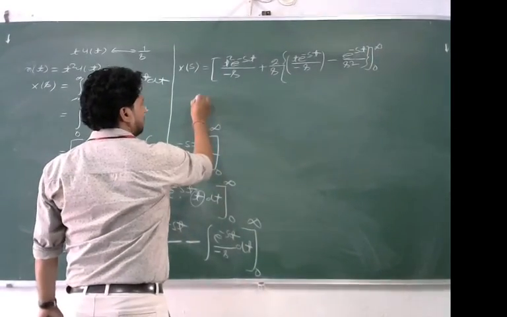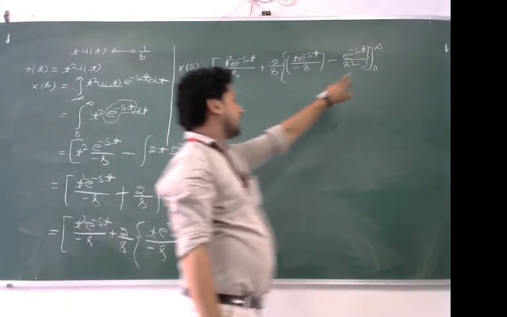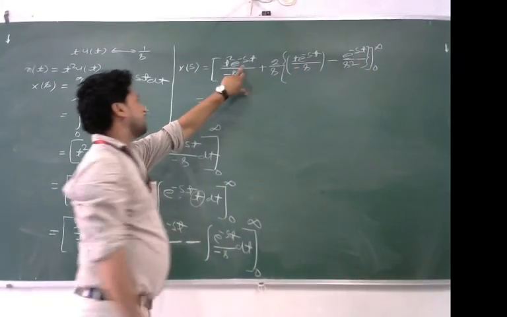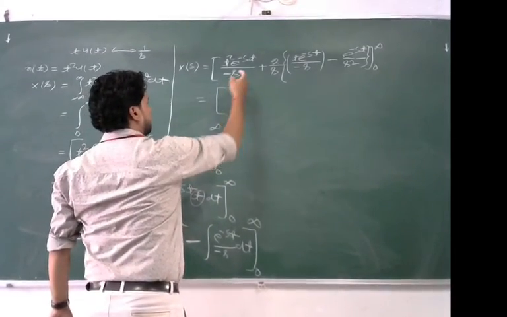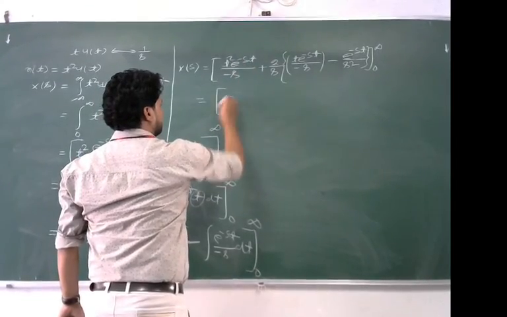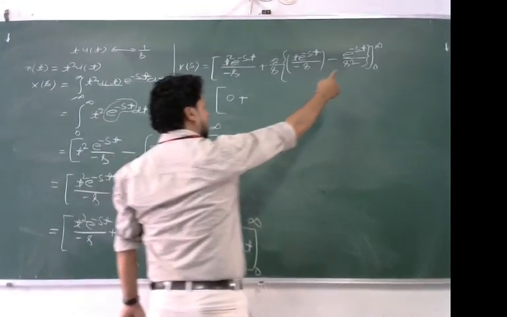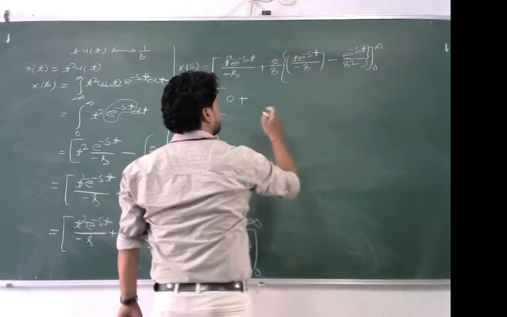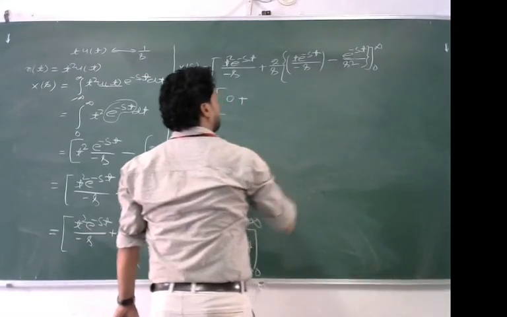Now, when I put t equal to infinity, the upper limit in place of t, e power minus infinity will become 0. So first I will put the upper limit in all the terms. This will become 0, this will also become 0, and this will also become 0 because of e power minus infinity.